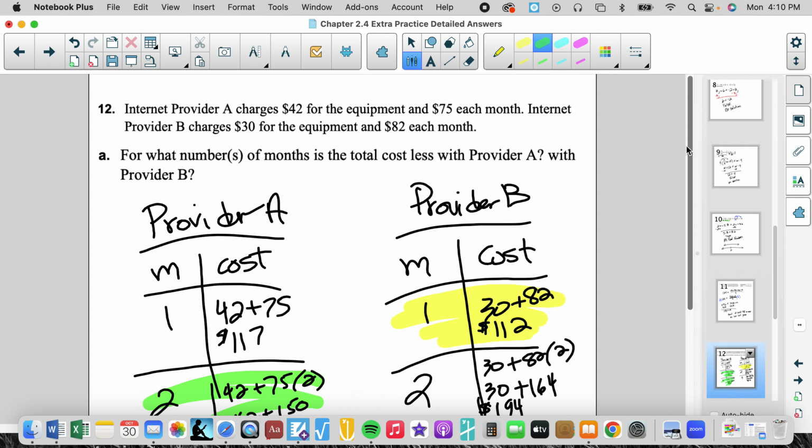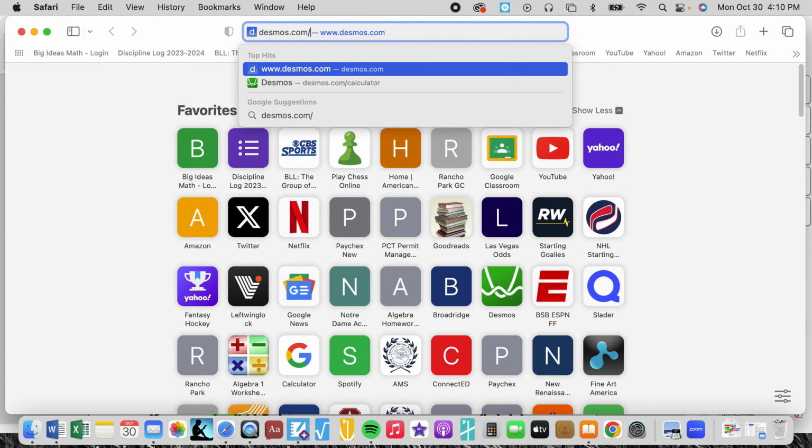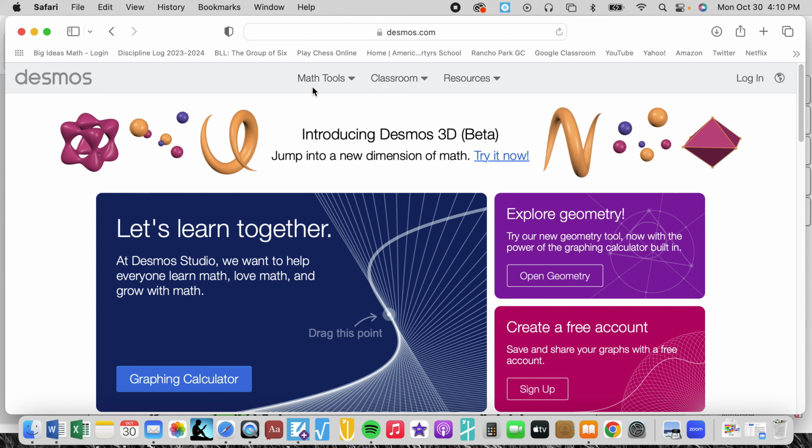So as I was saying, you could do an equation. So let's look at Desmos while we've got Desmos. We can do this fun thing. Let's graph.